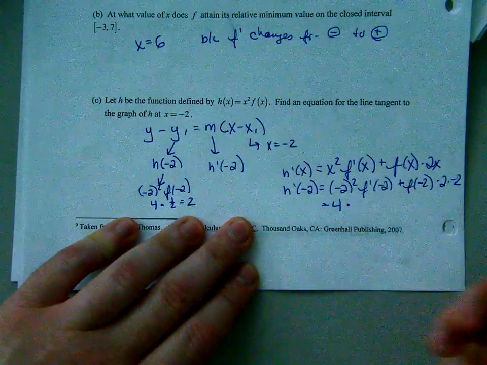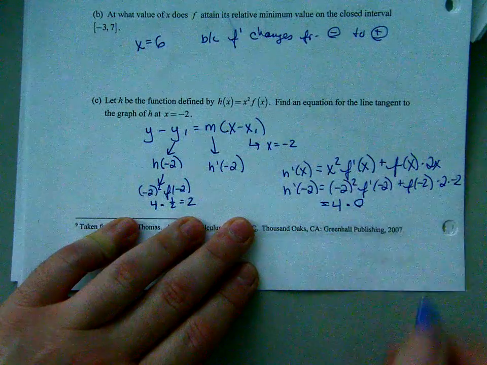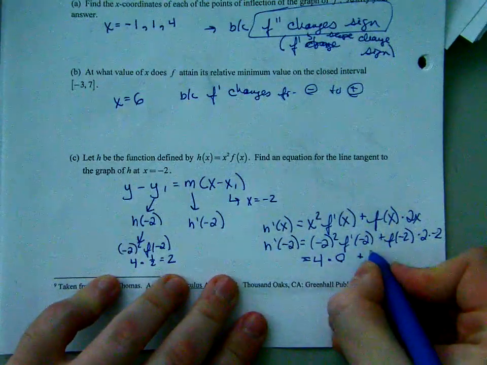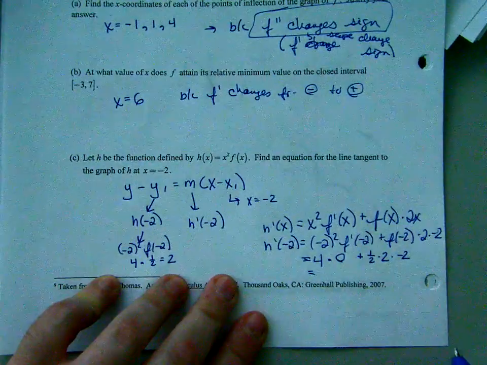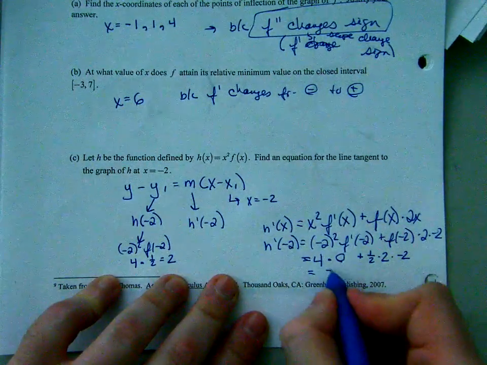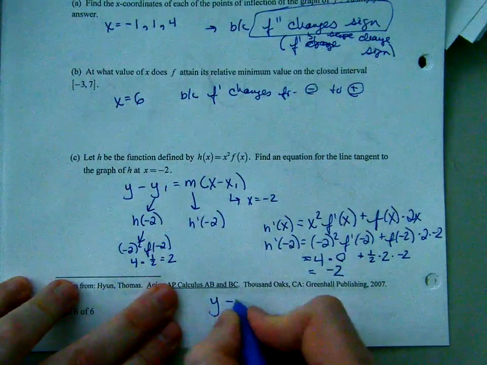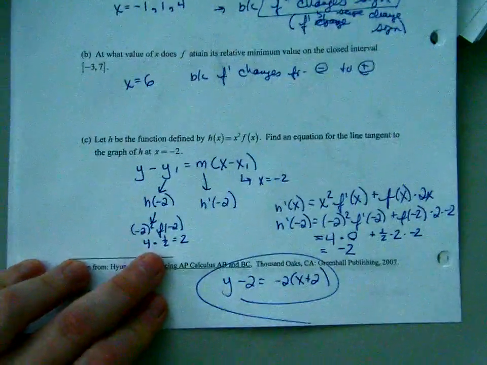This is 4 times, what is f prime of -2? 0, because we're looking at the y value on the graph that we have up here. That point over there. Plus f of -2, well again we were told that was a half, times 2 times -2. I am thinking your slope is -2. So your answer should be y minus 2 equals -2 times x plus 2.